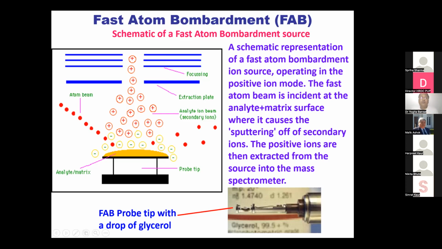So like this, we can generate ions using fast atom bombardment. This is also a hard technique. Hard technique means the molecular ions which are generated are of high energy. If they are of high energy, they will undergo extensive fragmentation. And if the fragmentation is extensive, it means the abundance of the molecular ion will be less.